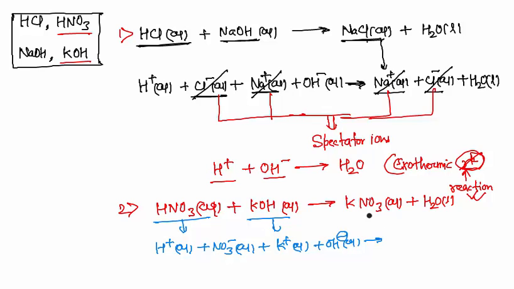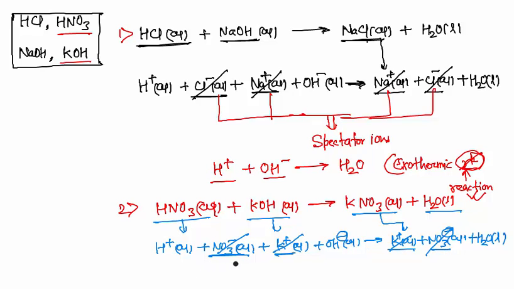And again it's a salt, it will break into K plus aqueous and NO3 minus aqueous, and this is again your water, H2O liquid. So you can see again these ions are spectator ions. You can cut them. So the net reaction is again between H plus aqueous and OH minus aqueous, giving you water.